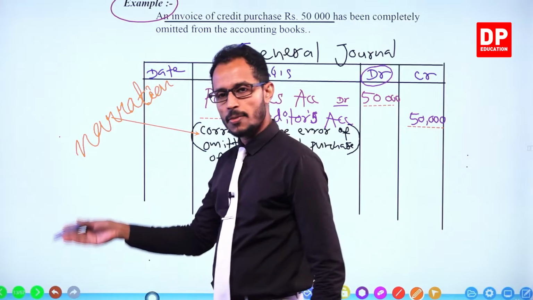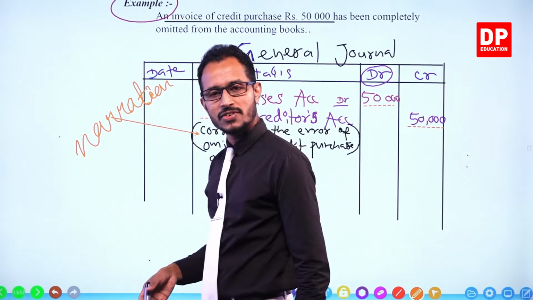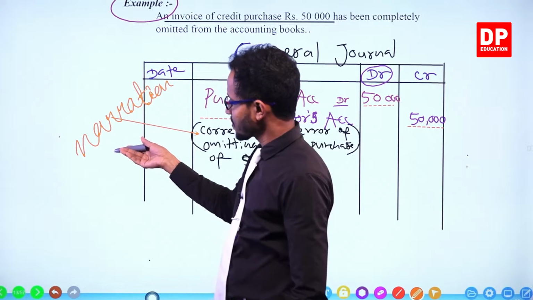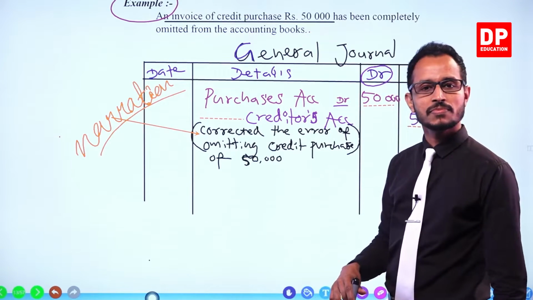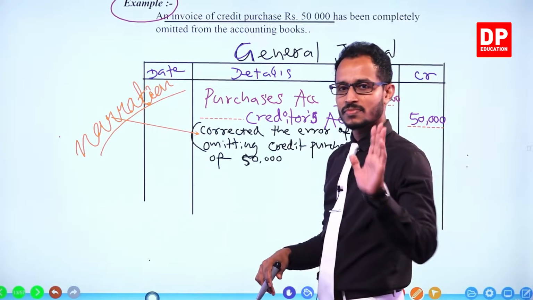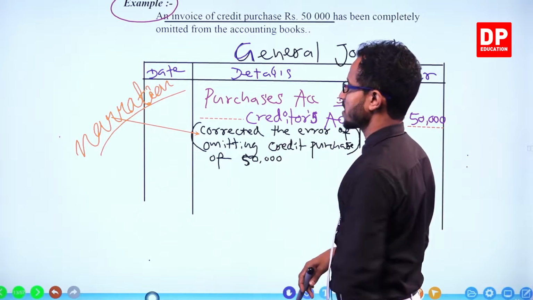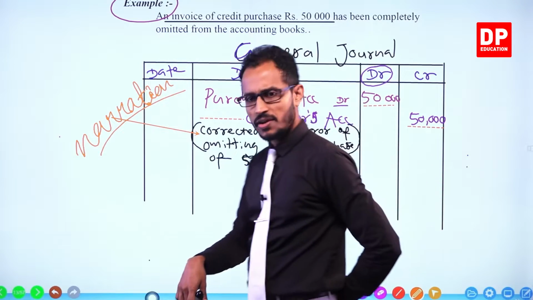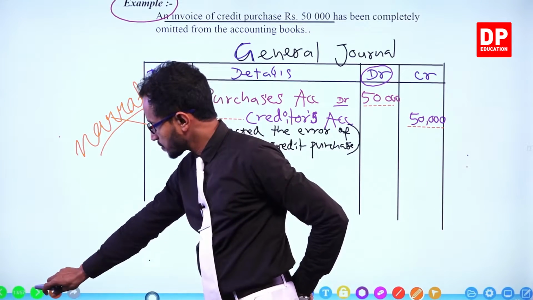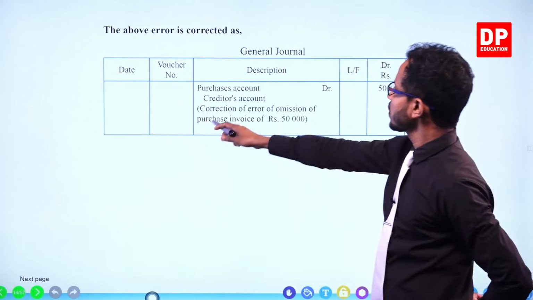Can you read my cursive writing? It's called the narration. You must write the narration. Yeah, that's it. Your error is corrected. Simple as that. Let's go and see.